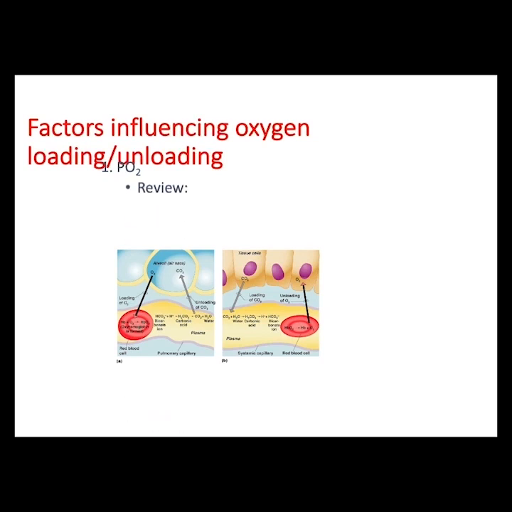Let's review. Recall from the previous slide that as an oxygen molecule binds to the hemoglobin, it changes the shape of the hemoglobin to make it easier for the second oxygen molecule to bind. In other words, it increases the affinity of the hemoglobin for the next oxygen molecule. This is going to occur at the lungs.